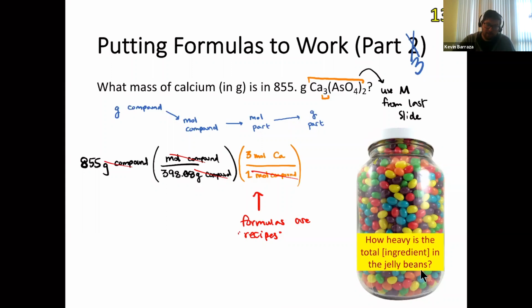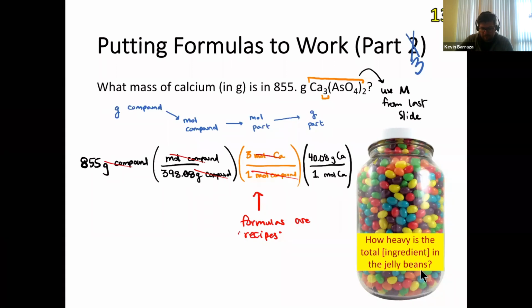In this case, we're going from how many to how heavy one more time. So I need to go from moles of calcium to grams of calcium. Where do I go to find the numbers to put into this fraction? That's going to be the periodic table, right? How heavy is a mole of calcium? 1 mole of calcium, according to the bottom number, is 40.08 grams.